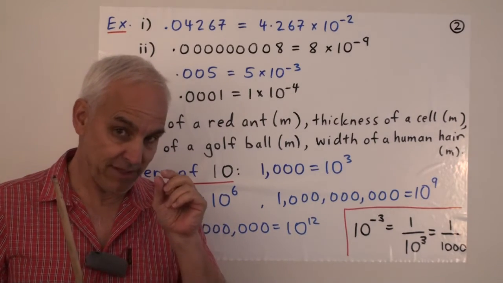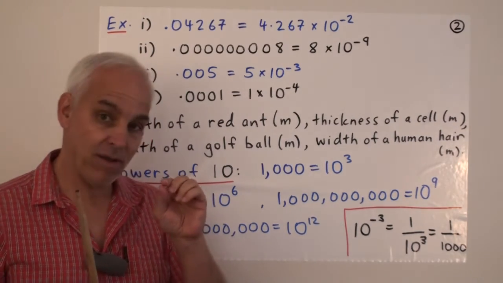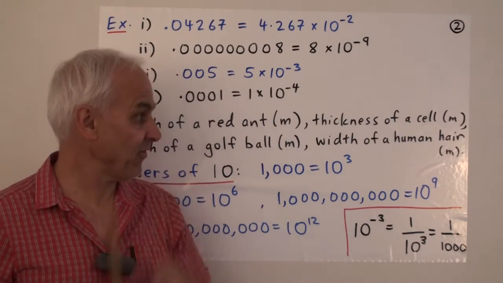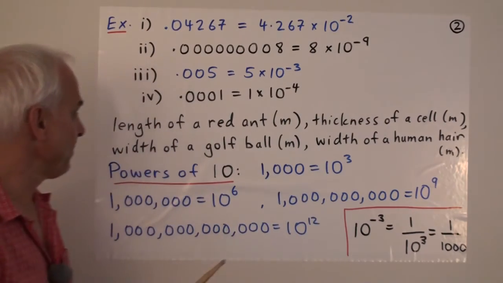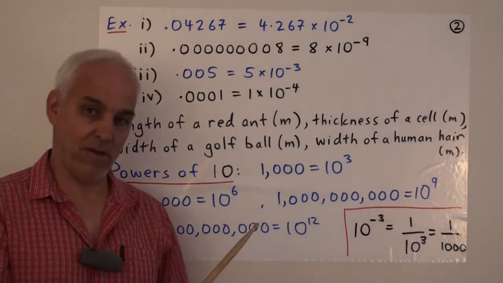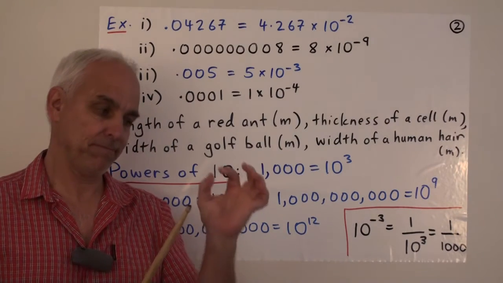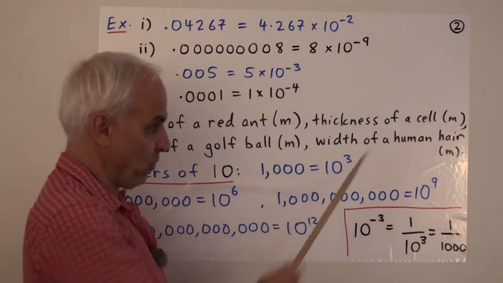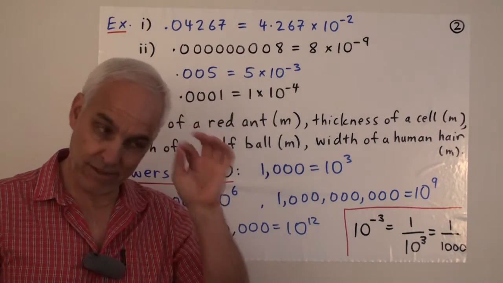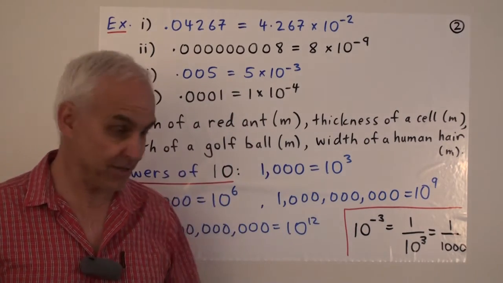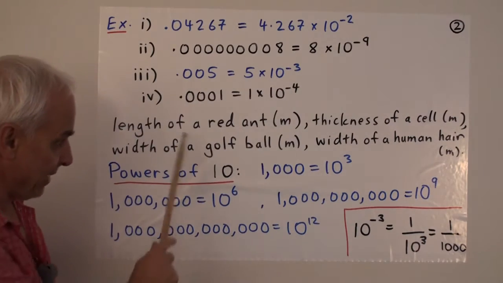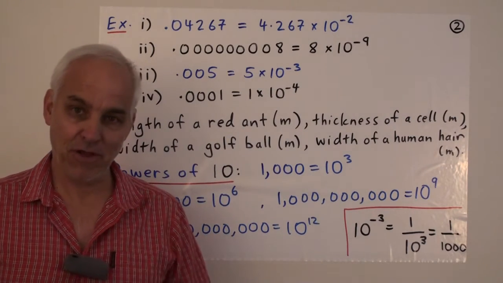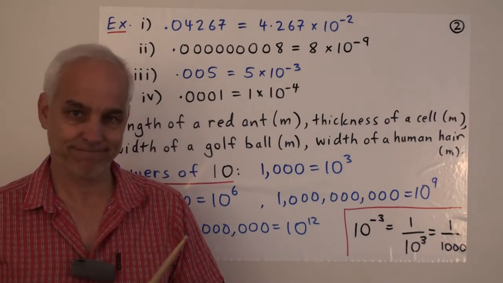So if you take any one of those little cells, it has a sort of a cell wall, and the thickness of the cell wall is one of these numbers. The width of a golf ball is another one. You know, golf ball, how wide is it? And another one is the width of a human hair. Take a single hair and try to measure how wide it is. It's one of those numbers. And I again challenge you to try to figure out which is which.